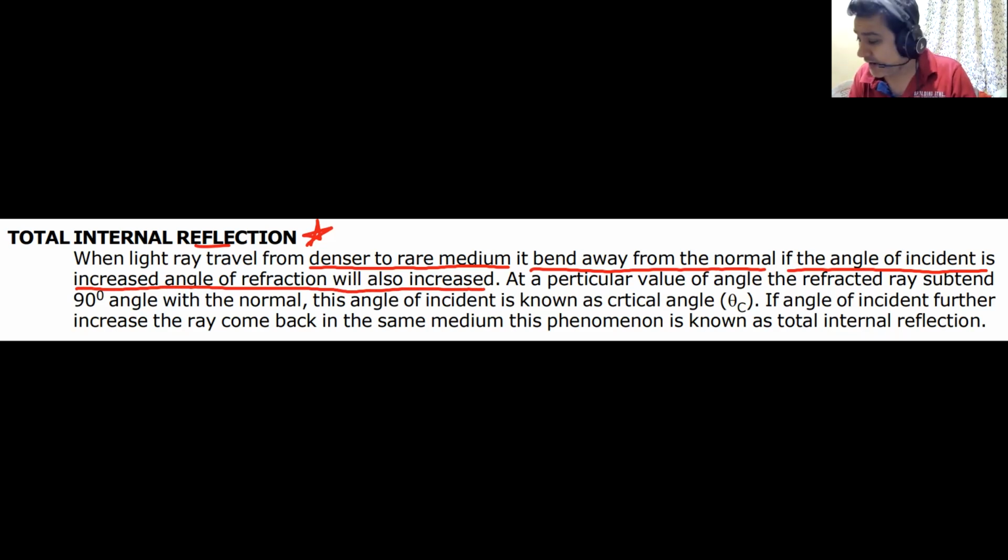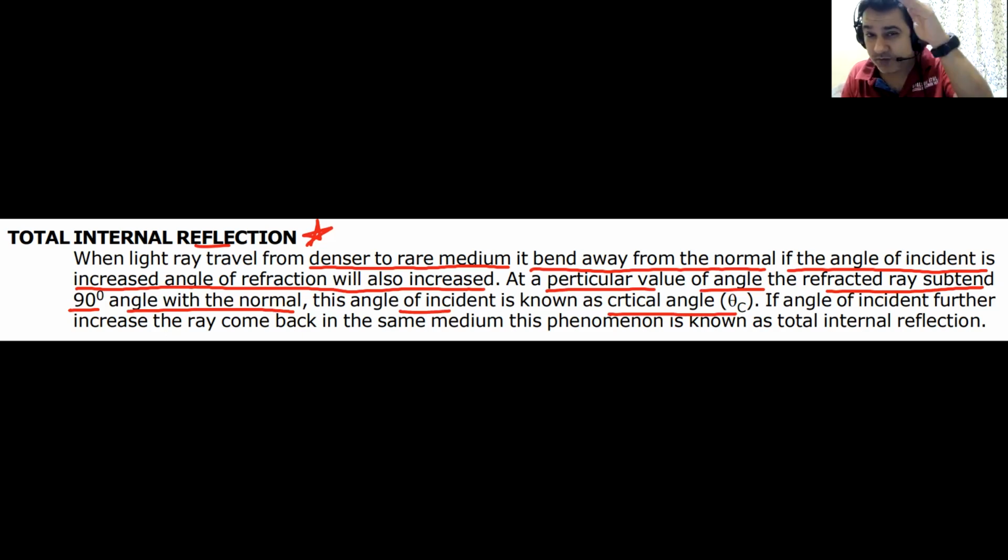Now, what can happen at a particular angle of incidence? The angle of refraction becomes 90 degrees. For one particular angle of incidence, the angle of refraction becomes 90 degrees. This angle is known as the critical angle, IC or theta C, C standing for critical. Now, if I have the angle of incident light more than critical angle, what will happen?